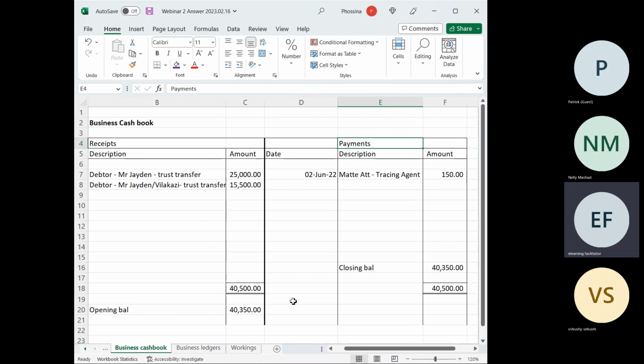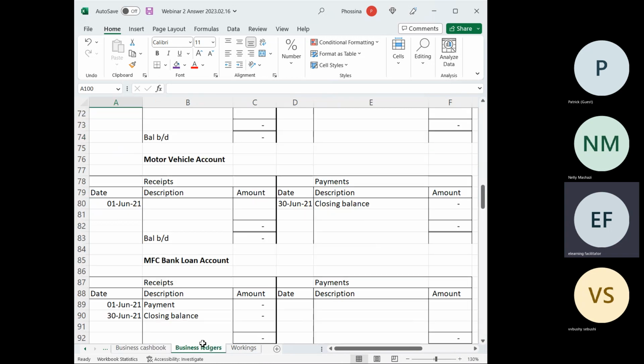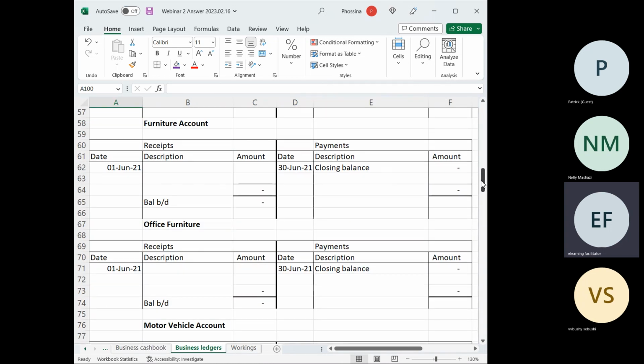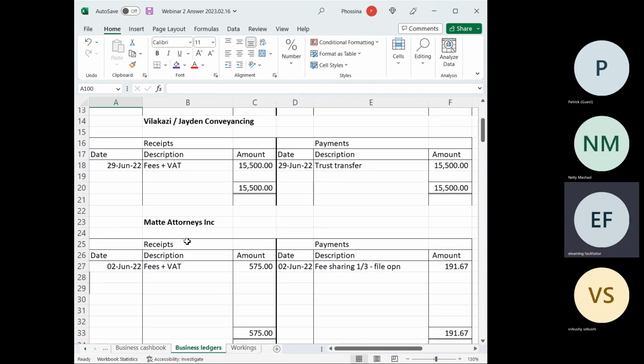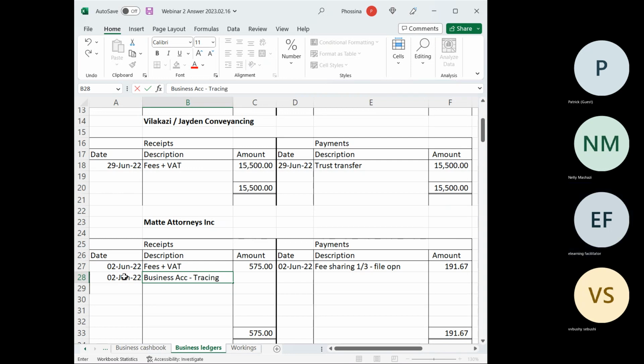It's a payment. And then we go to our business ledgers, to our data, which is Met Attorneys. We paid on their behalf, which was a credit to our cash book. So now we have to debit them to show that they are owing us. So it's our business account, and this is for the trusting agent, and it's 150 rands.